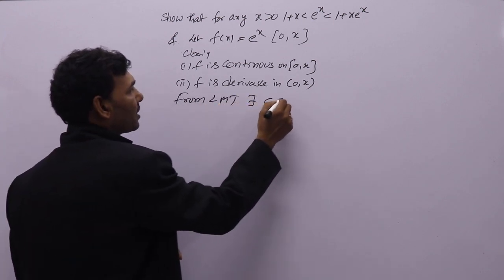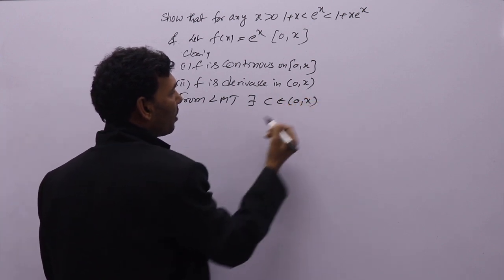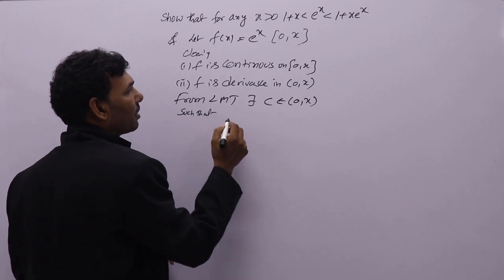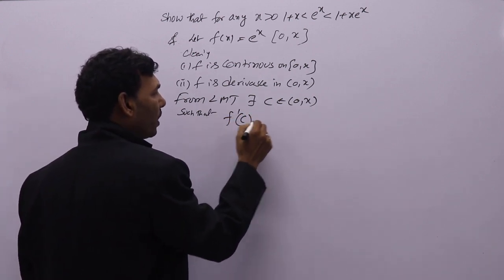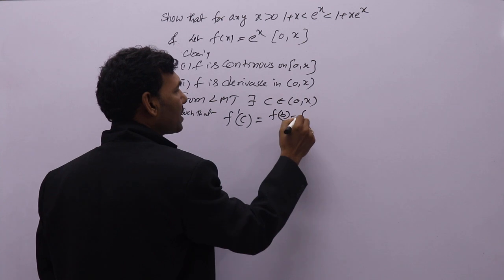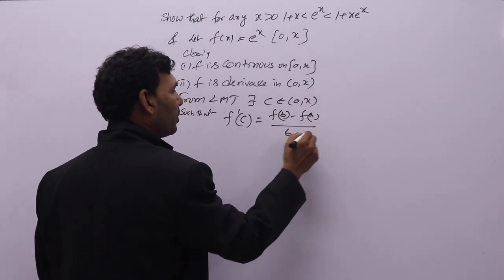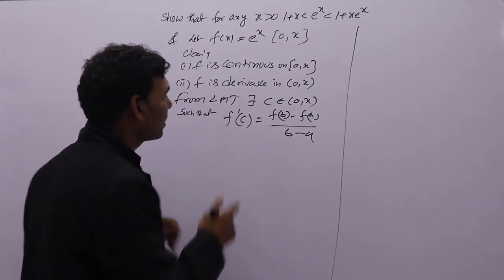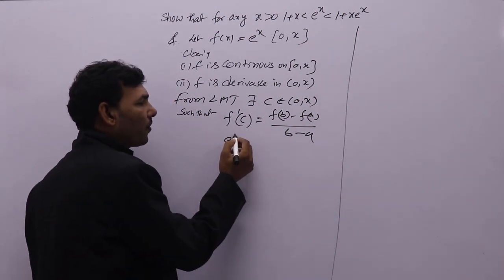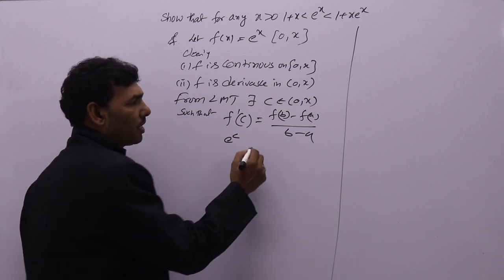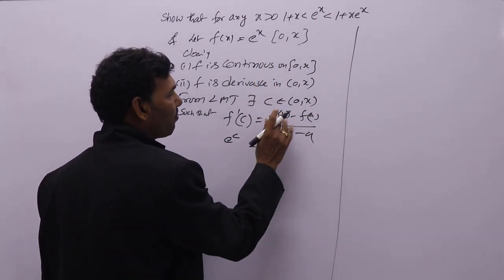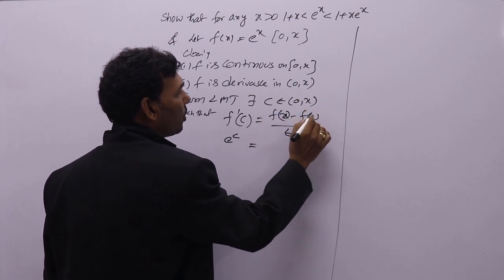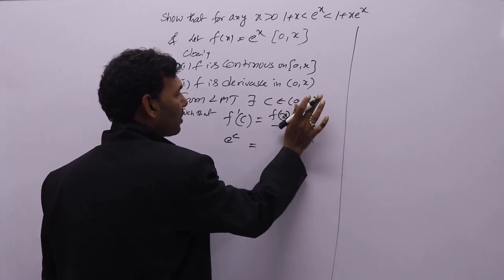There exists c in the open interval 0, x such that f dash of c equals (f of b minus f of a) by (b minus a). You know, differentiation of e power x is e power x. That's why differentiation of e power c is e power c. For f of b, here b is x, a is 0.